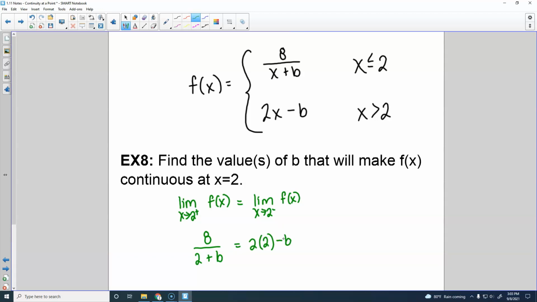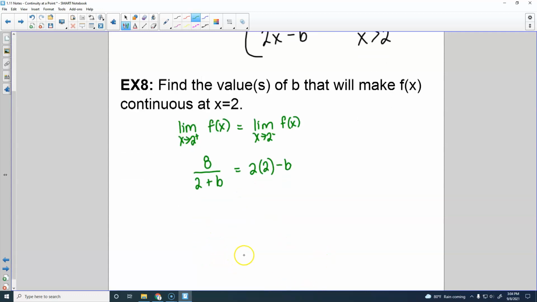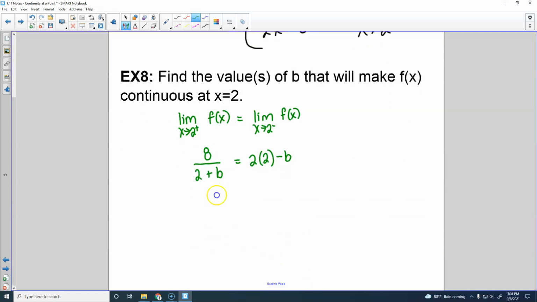So this has created an equation that only has b's. So we can solve this. So we got 8 over 2 plus b equals 4 minus b. Everybody's with me there, right? We got 2 times 2 down. Okay?